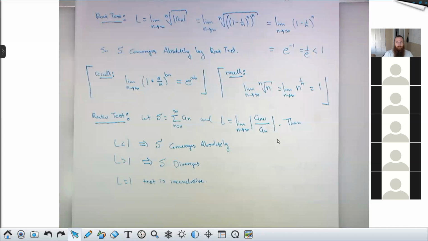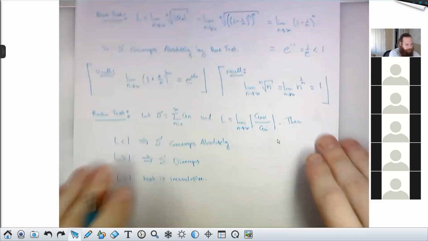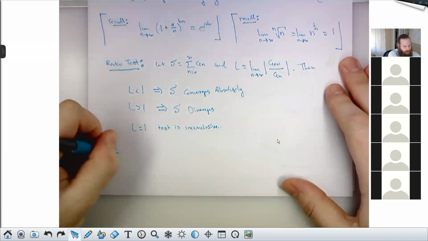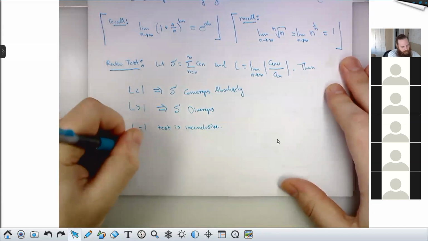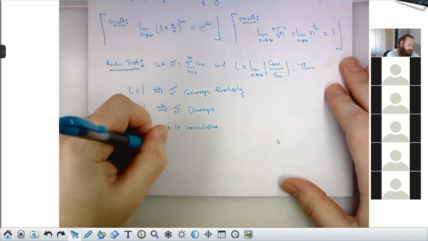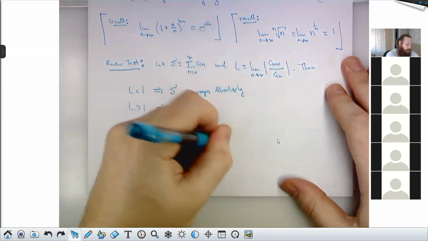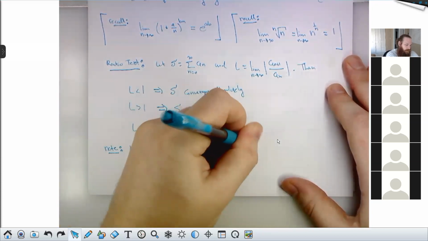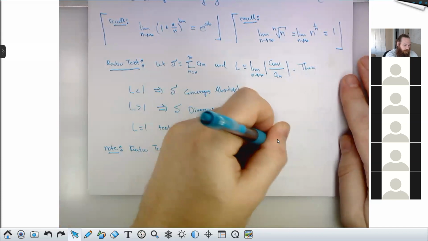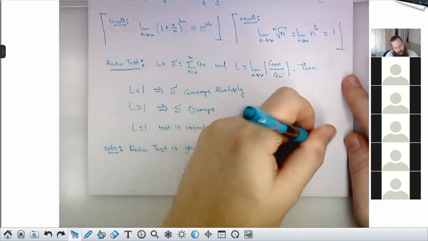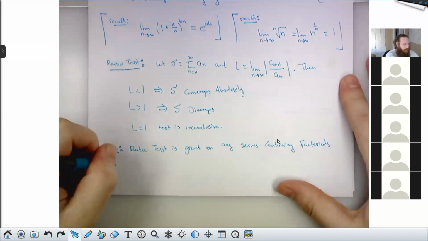But because the algebra is so different, the root test works great if you've got a bunch of stuff raised to the n. The ratio test is great on any series containing factorials, or factorial-like products.